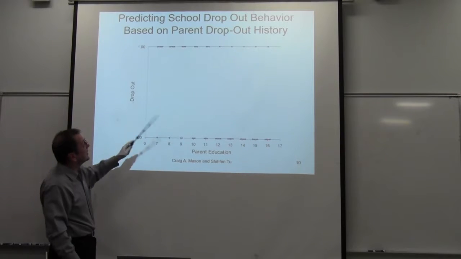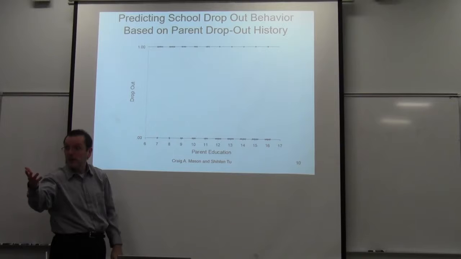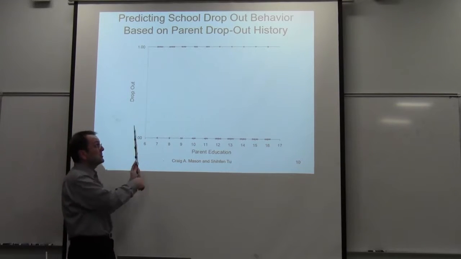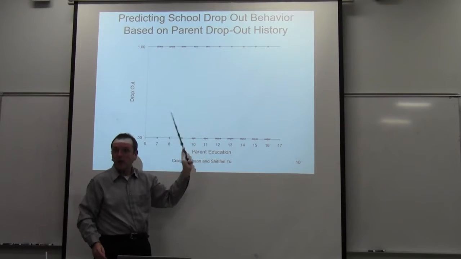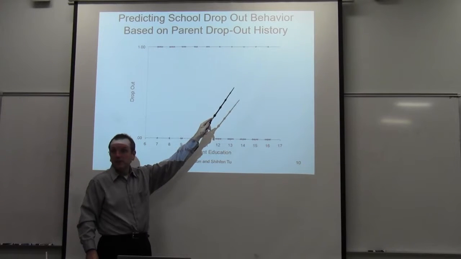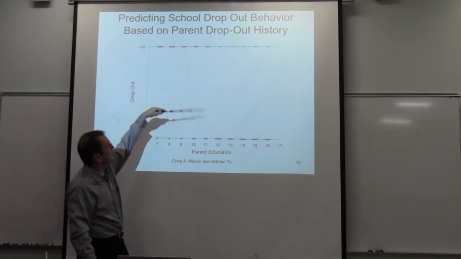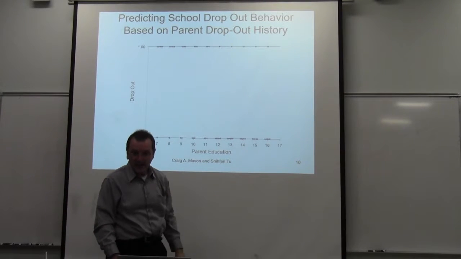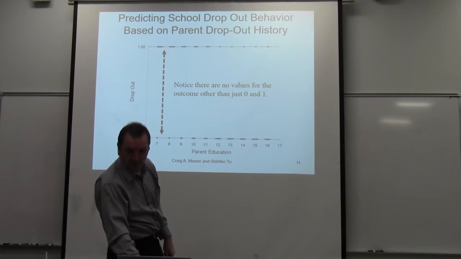And you immediately should notice there's something weird with this data from a multiple regression perspective. Notice we don't see our nice little lopsided potato cloud of scores. There's nothing in between. We only have values on our outcome of 0 and 1.